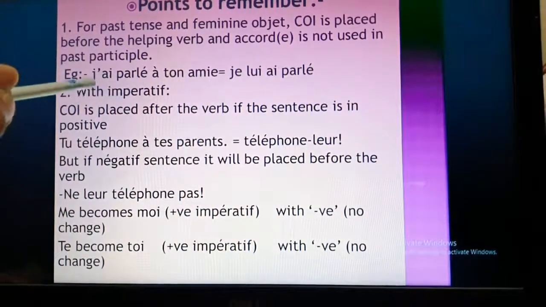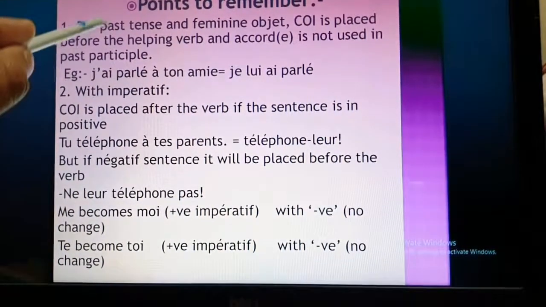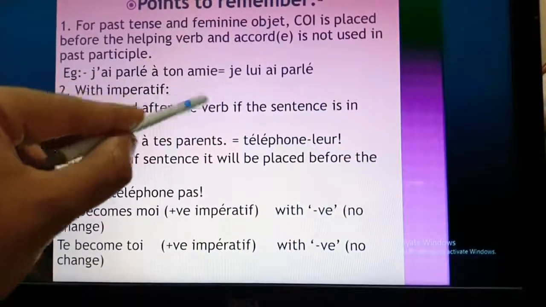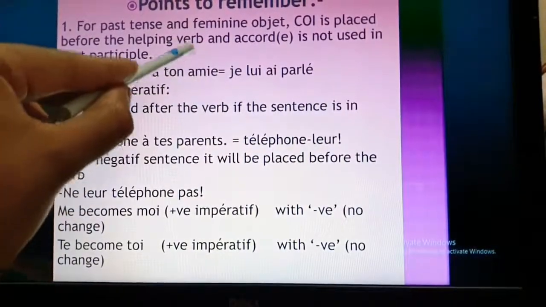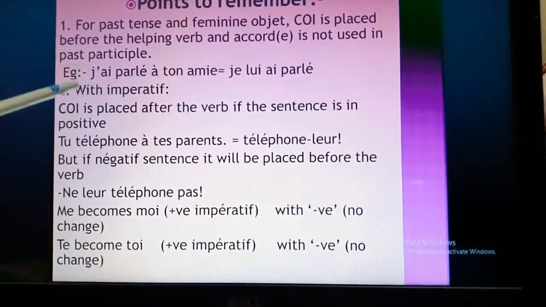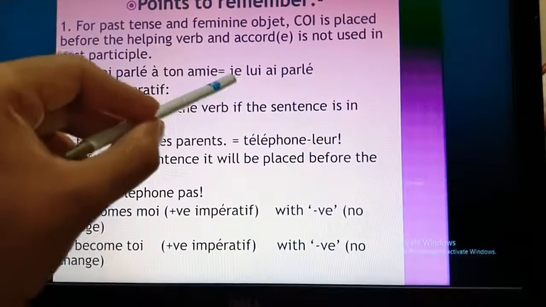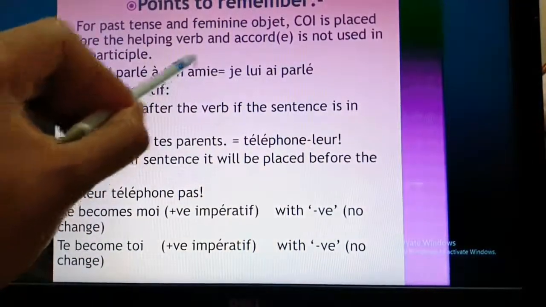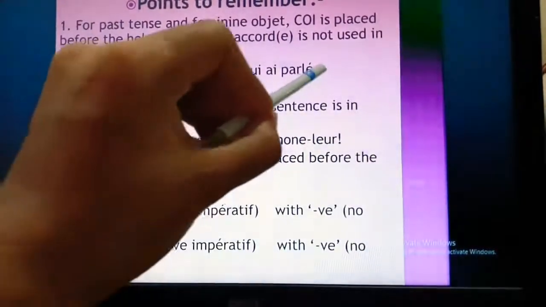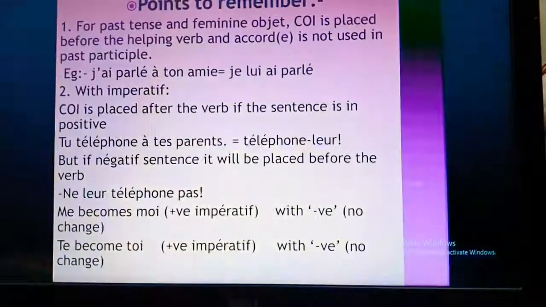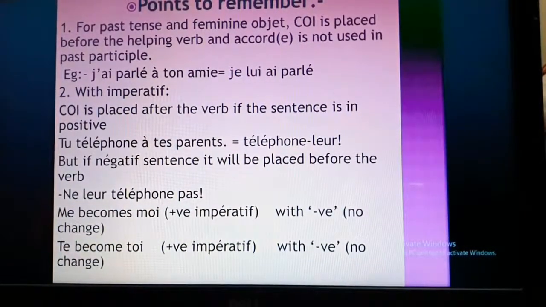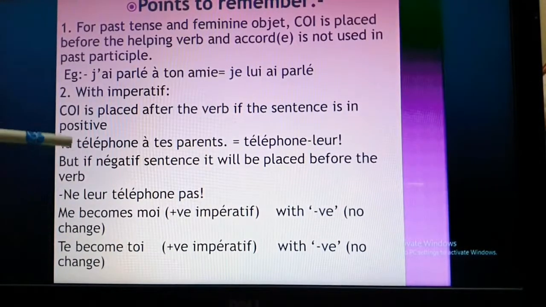For example, j'ai parlé à ton amie. Parlé is the past tense, à ton amie is the feminine object, so we will replace it by lui. The answer will be je lui ai parlé, and since this person is feminine, we will not have the accord. It's a rule.